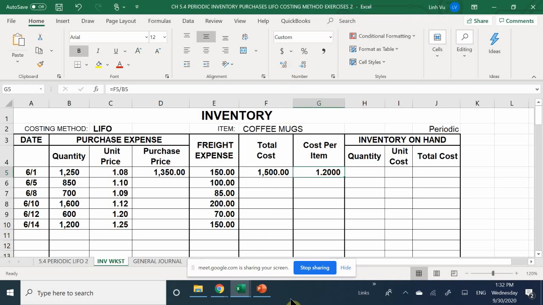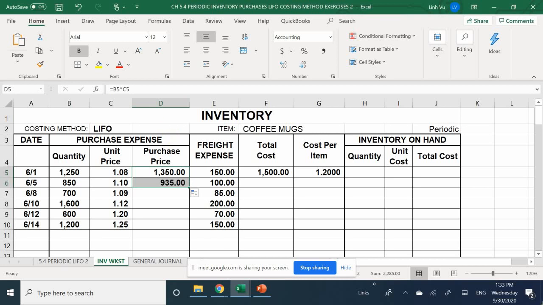All right. Then on June 5th, we made a purchase of 850 units at $1.10 each. Freight here was $100. So what is my total purchase price going to be for this one? $935.